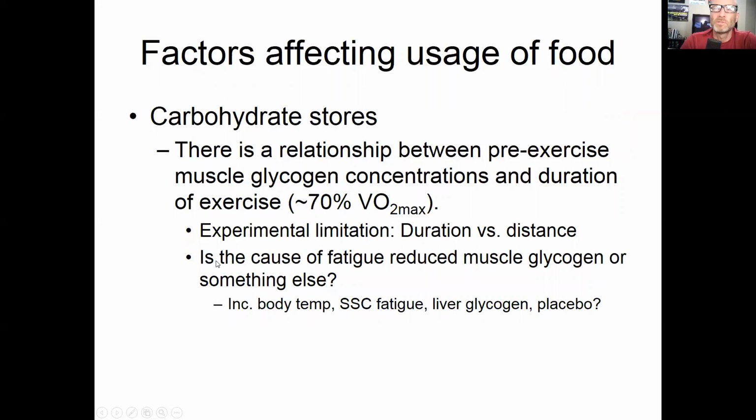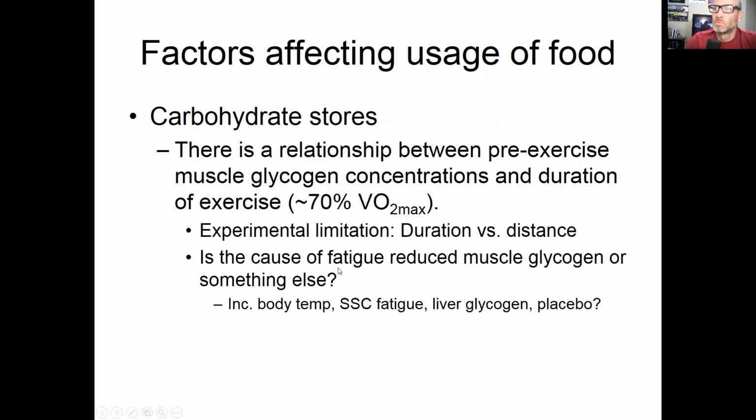Carbohydrate stores also influence what fuel is going to be used. There's a relationship between pre-exercise muscle glycogen concentrations and duration of exercise. Experimental limitation, this is the issue I talked about before: if we're using a model to go until exhaustion or to try to cover a particular distance, we may get different results on the influence of duration or exercise on usage of fuel.